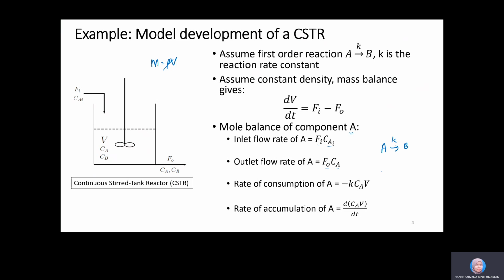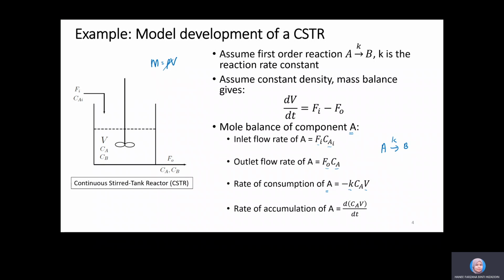So the rate of consumption of A is k times CA times V, because concentration is moles per unit volume times volume, which gives the number of moles of A consumed. We also have the rate of accumulation of A, d(CA V)/dt, which gives the mass of A accumulated per unit time.